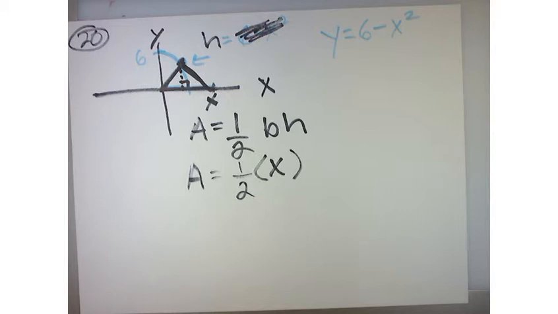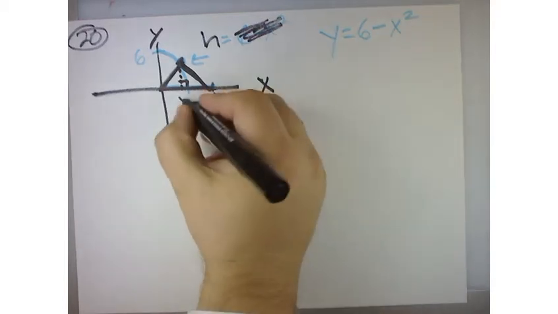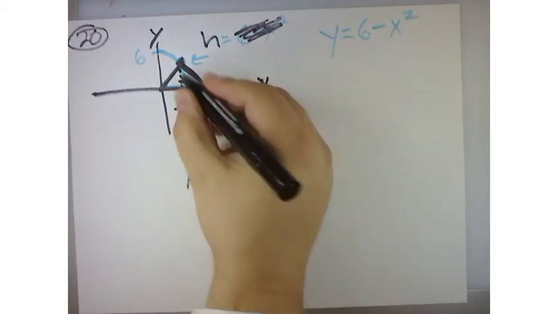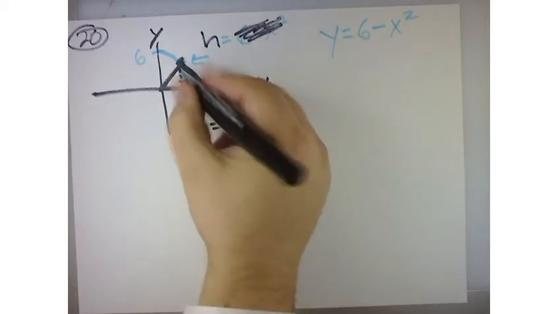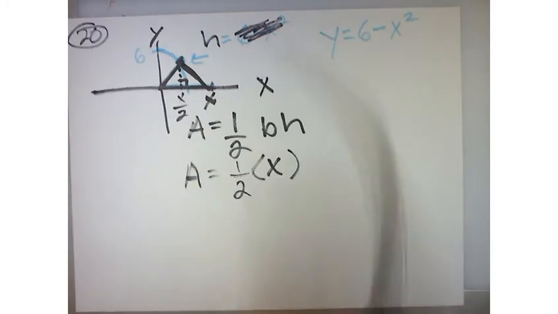Wouldn't it just be 1/2 x? Whatever I plug in for x, this corresponding x value that will calculate the height, wouldn't it just be 1/2 x? Does that make sense to you guys?